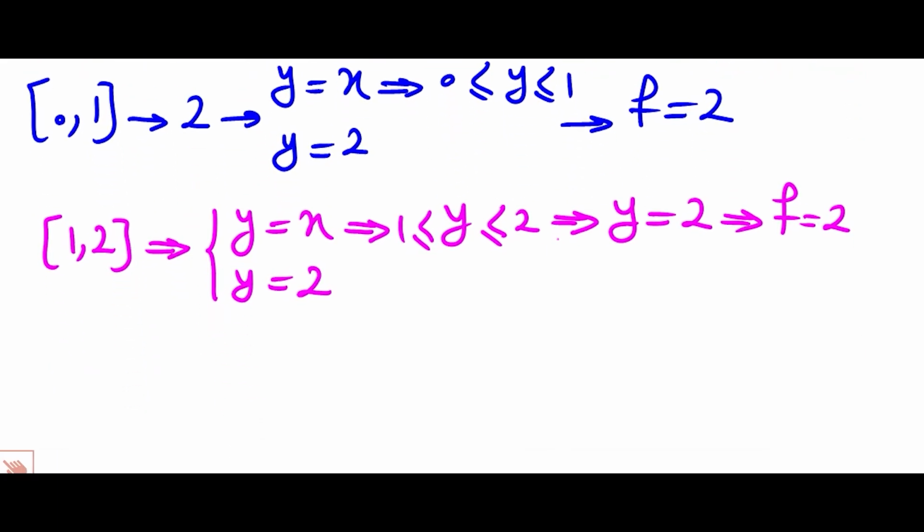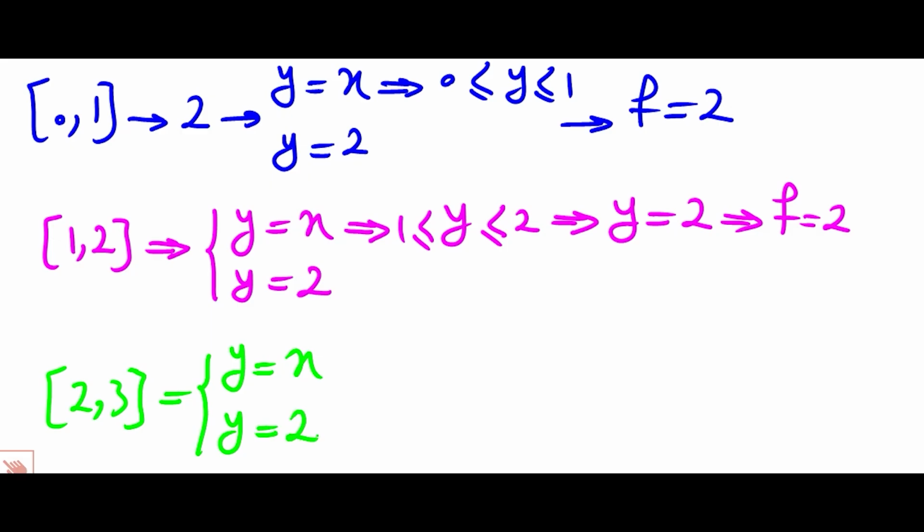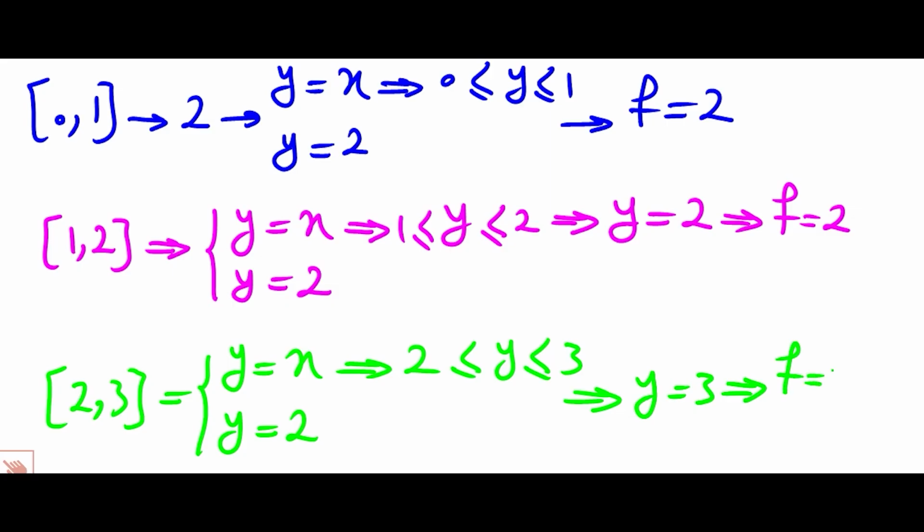And for the interval 2 to 3, y equals x and y equals 2. So x is between 2 and 3, so y is between 2 and 3, and y equals 2. So the maximum value of y is 3. So f is 3, right?